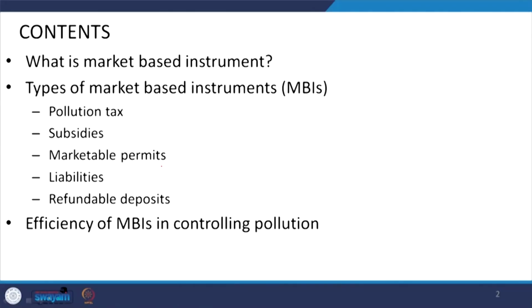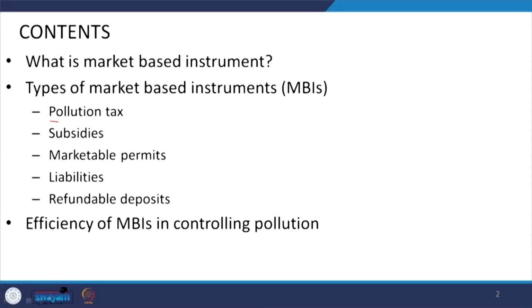So, the broad contents of these basic regulatory instruments: here we will be discussing what market based instruments are, then we will be talking about the different forms of market based instruments. Overall, under these regulatory instruments we will be talking about different mechanisms like pollution tax, subsidies, marketable permits, liabilities and refundable deposits.